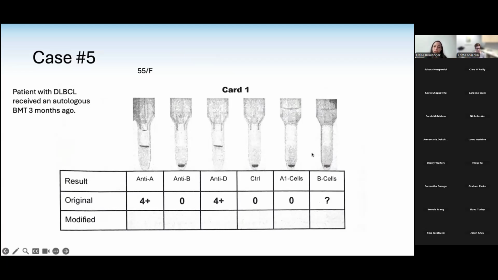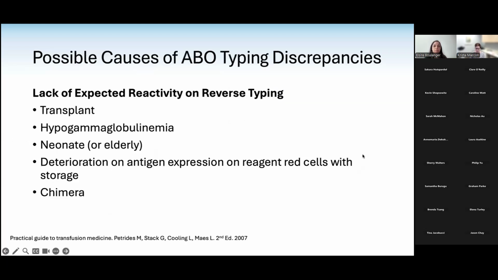We're having a lack of reaction in the reverse typing, and I could say that this is the most common type of reaction that we can encounter, because we have so many patients who are immunocompromised. The reverse reaction is not showing, but the patient records show that this patient was A positive, and we can guide ourselves with the records and be able to transfuse A positive red blood cells to the patient.